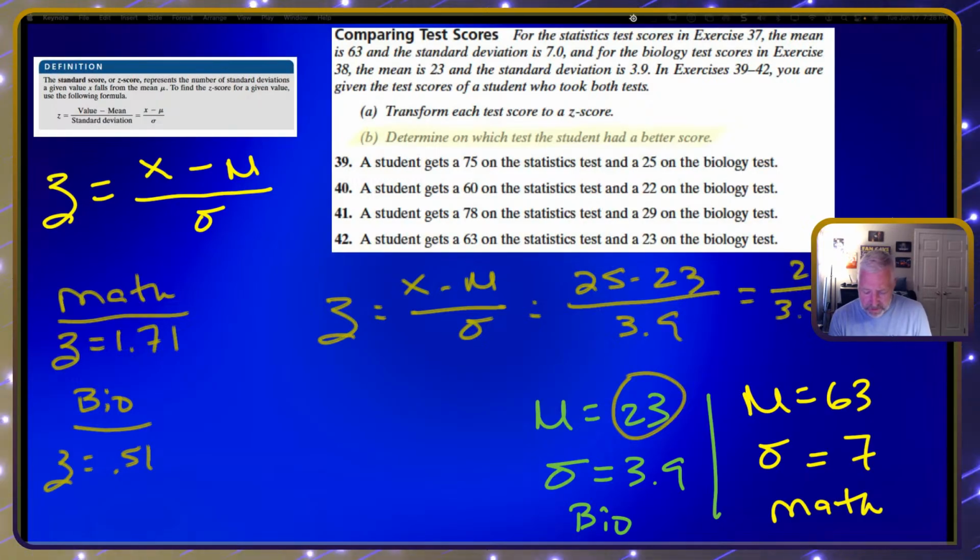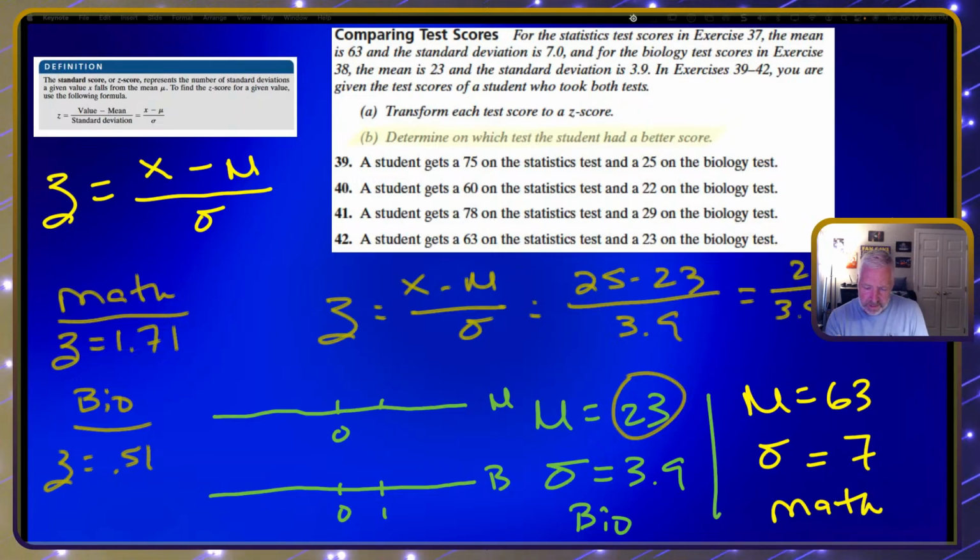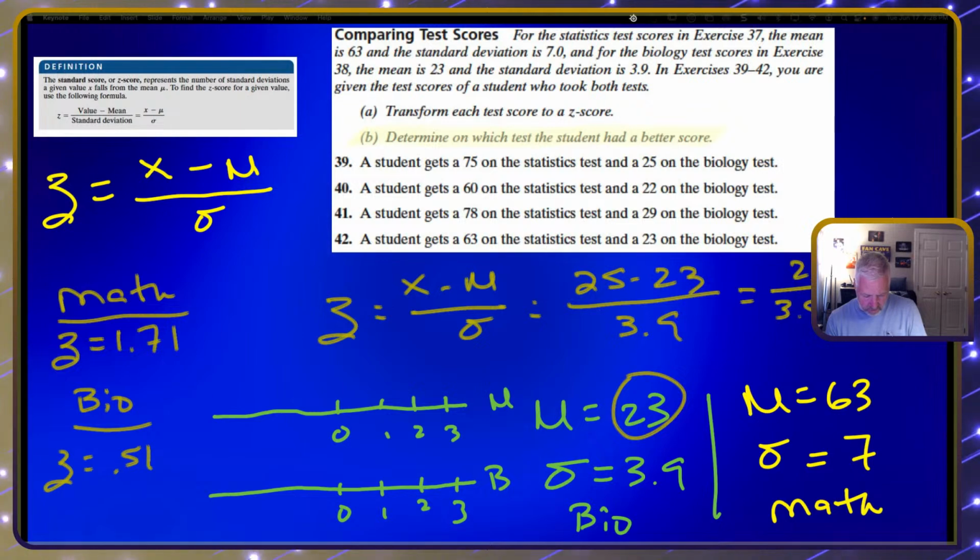So let's look at it from, I'm just going to draw the horizontal, and this will be for math, and this will be for bio. Hope this makes sense. So if I've got 0 here, 0 here, 1, 1, 2, 3, 2, 3. All right, so on the bio, you were here at 0.51. That's how far away from the mean you were in the positive.